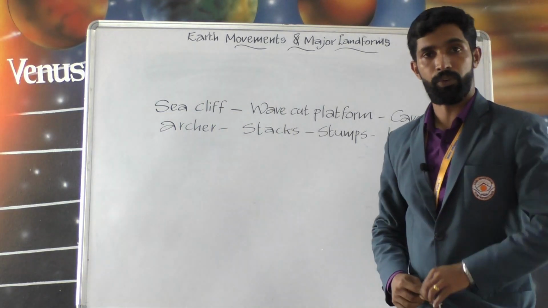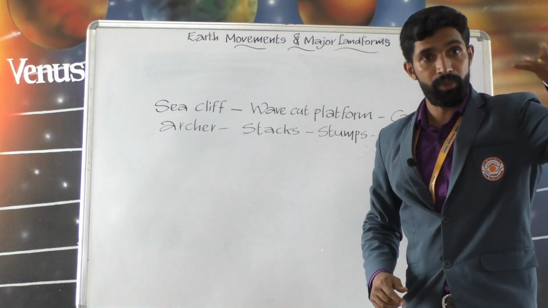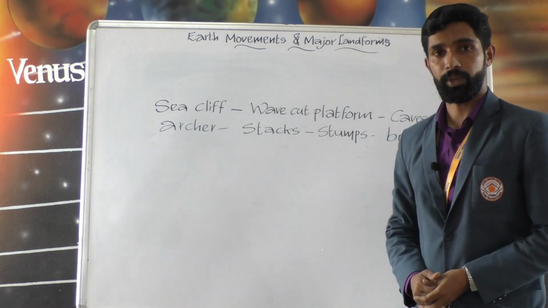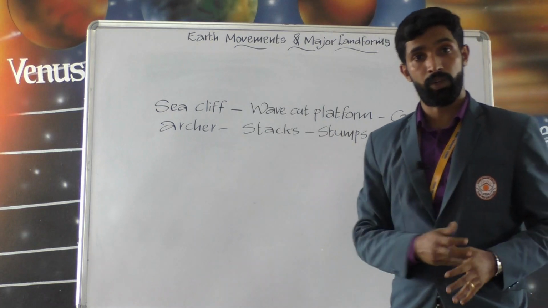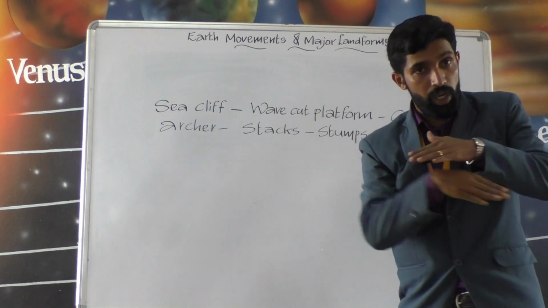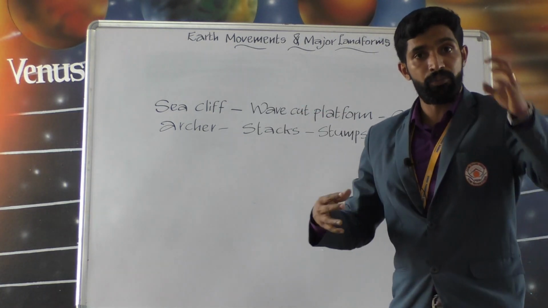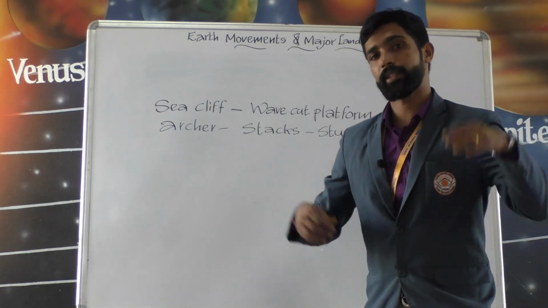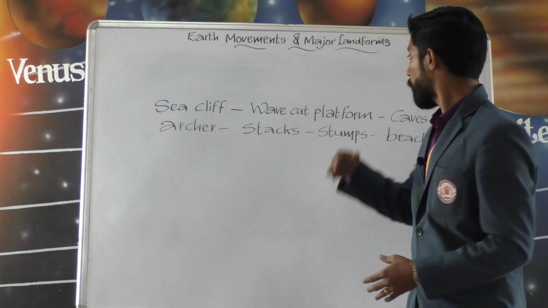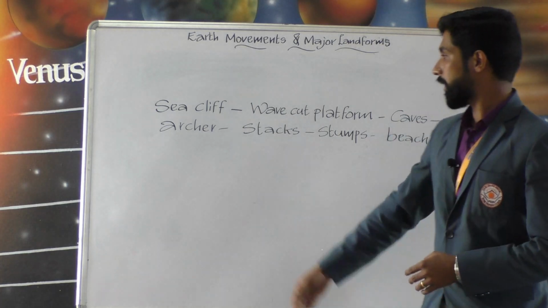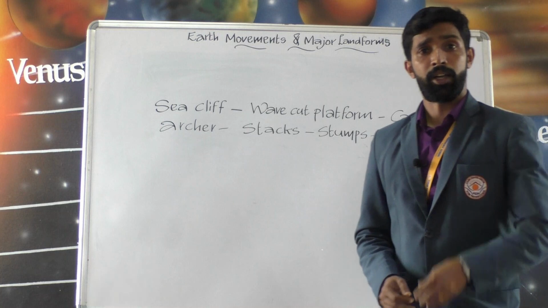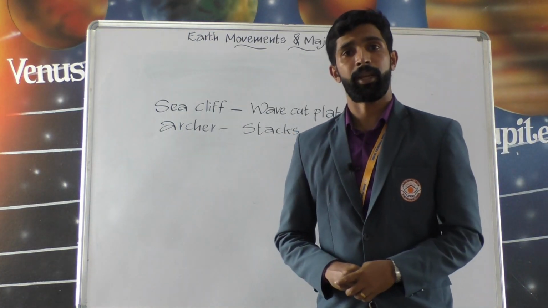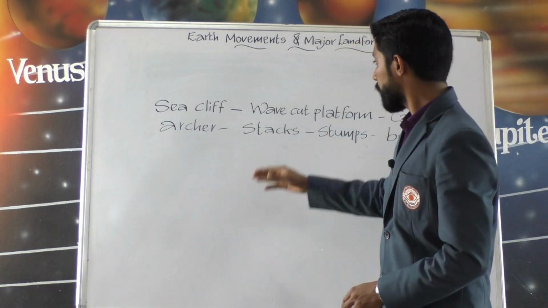Wave cut platform, a flat surface formed after sea cliff. Okay, and the next is caves, due to the action of waves which scoops out holes where the sea cliff base is weak and enlarged to form what? Caves. And the next is arch. Caves get bigger and only the roof remains, so it is known as what?